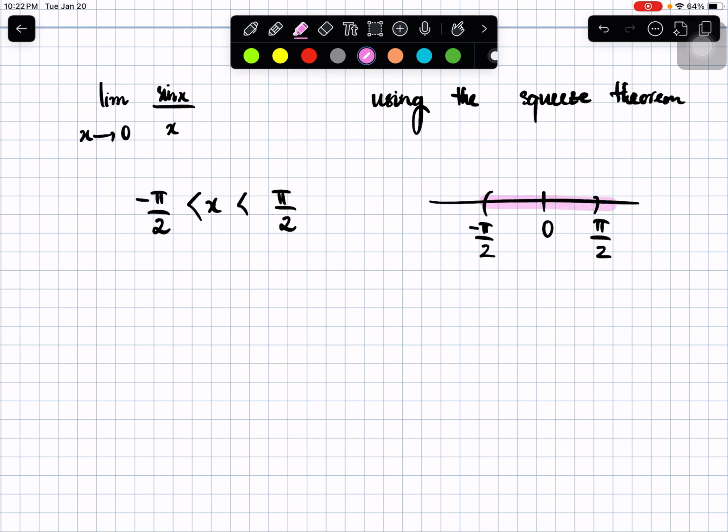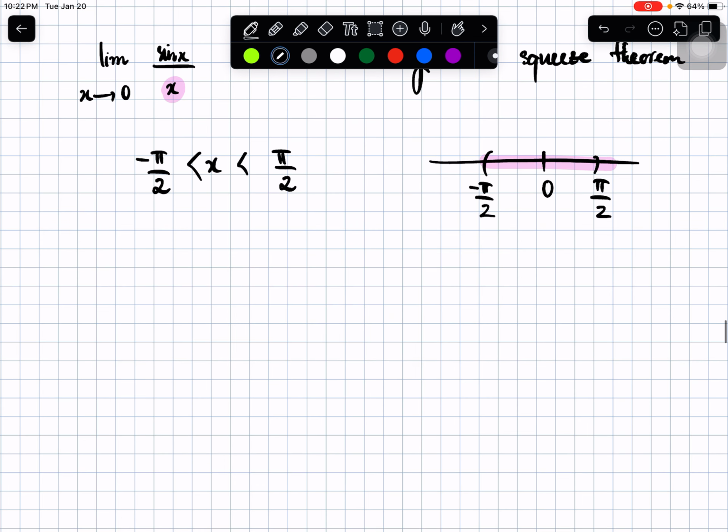Remember that this function is not well defined at 0. So now let's consider x from 0 to pi divided by 2.